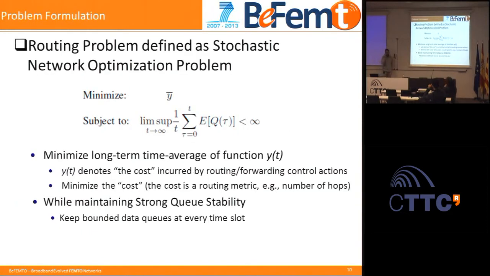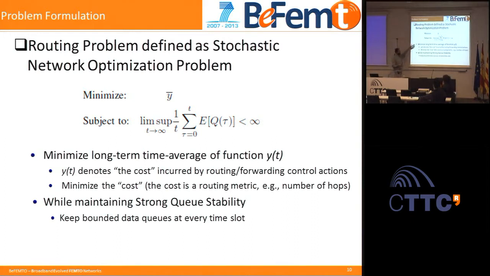So, how do we describe this routing problem, really briefly, borrowing notation from stochastic network optimization? What we want to do is minimize a given cost function y, the long-term time average of this cost function, which in some sense reflects the cost we introduce when we take routing and forwarding decisions, and it's subject to some constraints. In our case, we want the network to be stable.